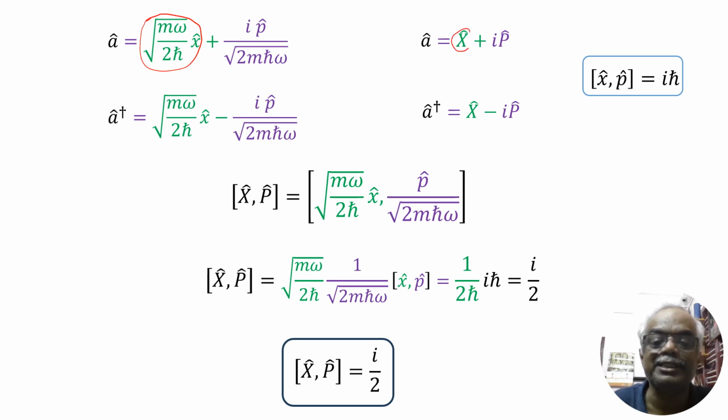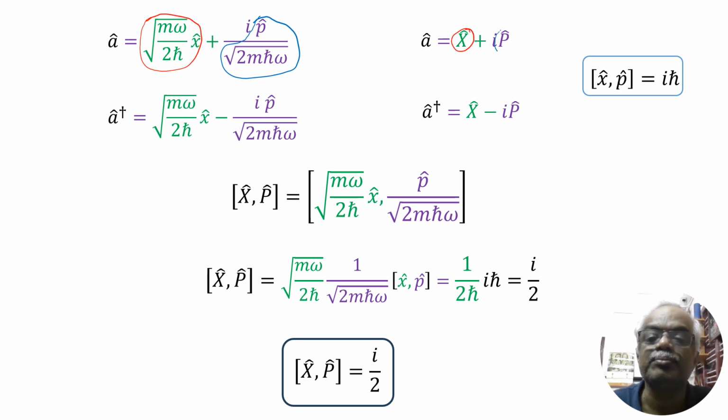Remember that this capital X hat is a dimensionless quantity. Similarly, you keep this other than i as capital P.